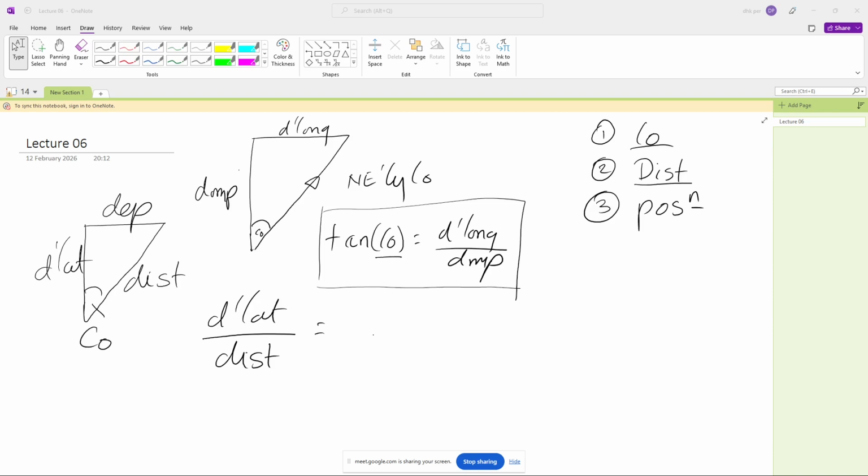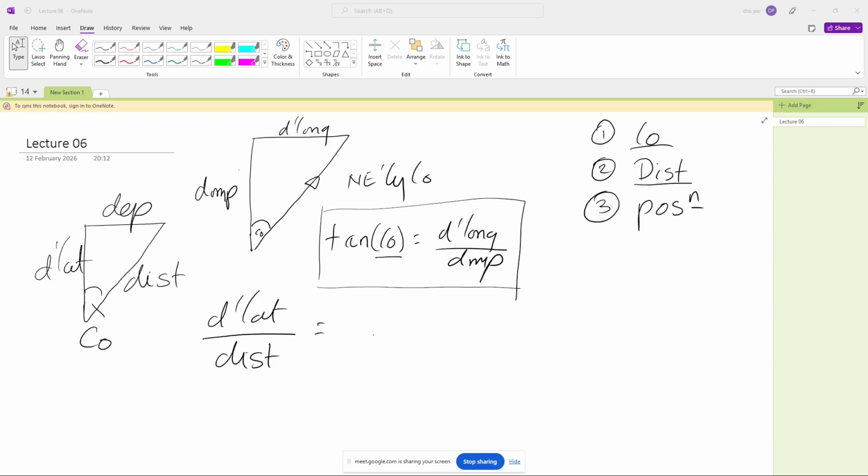There are other sorts of projections as well, but we are mostly looking at Mercator sailing and Mercator projection, because that is where you will be mostly in your sea life.